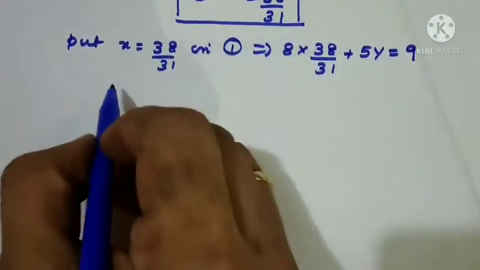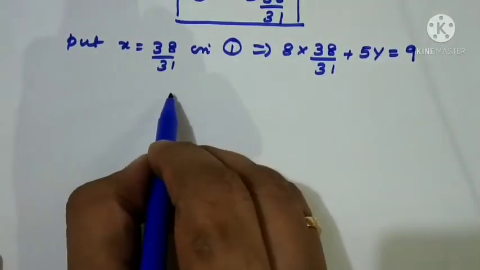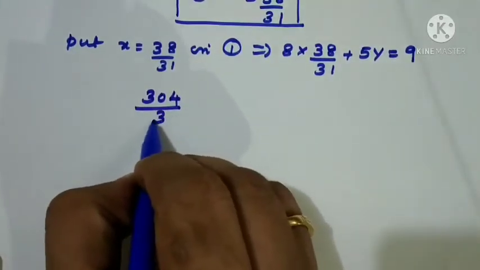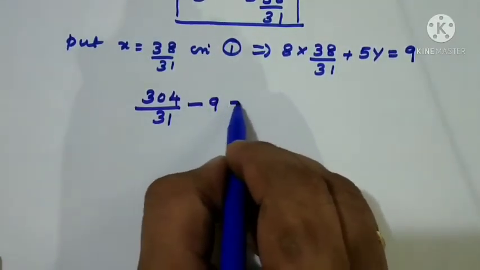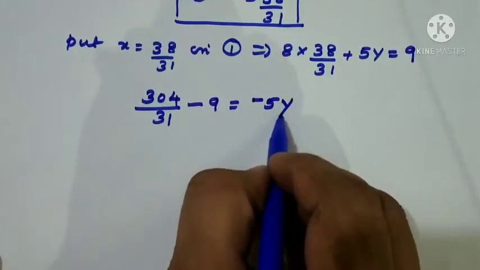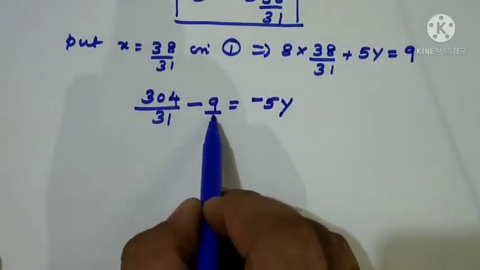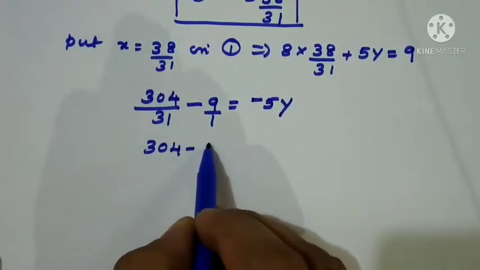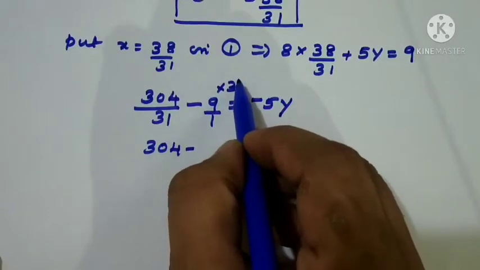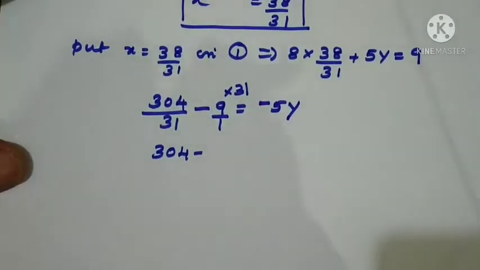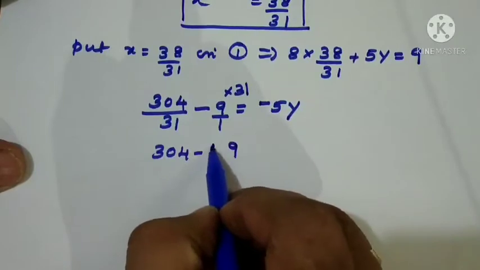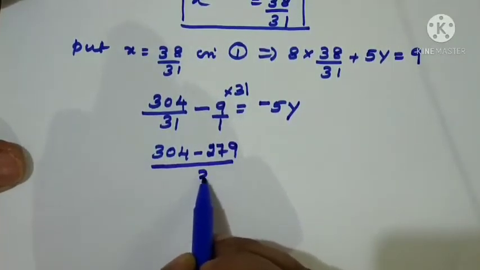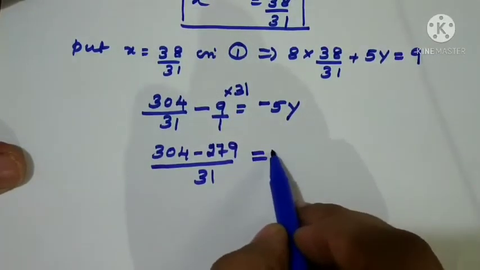So 8 into 38, it is 304 by 31, minus 9 equal to minus 5y, right? So what is the next step? Again take the LCM. 304 minus 9 into 31, right? 279 by 31 only equal to minus 5y.